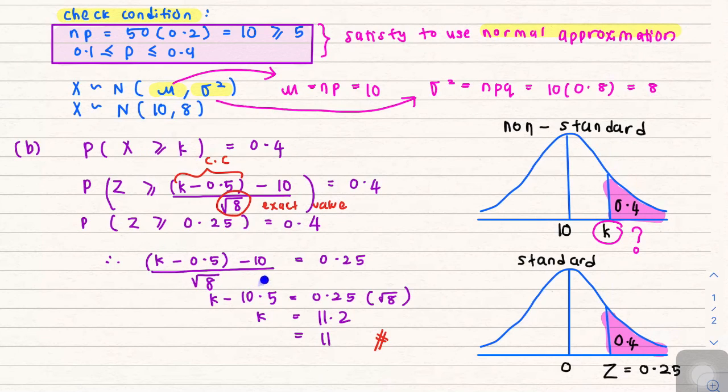This one is the equation at first that you have in your z value and this is the value from the z table. And then just find your k. At last your k is 11.2, rounding off to 11. So this is the answer, and make sure you have the correction for continuity here.